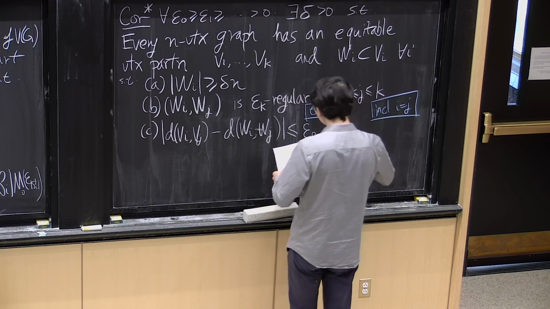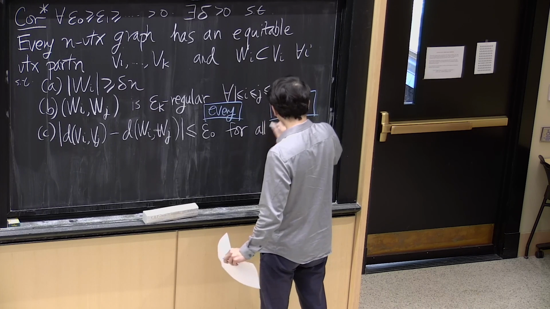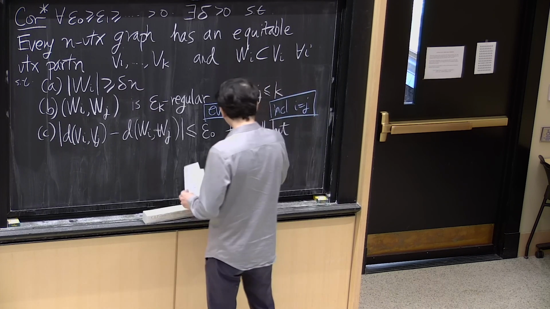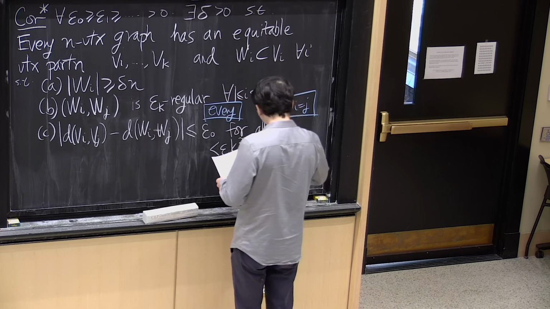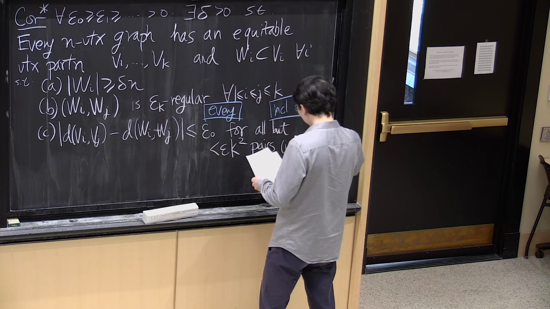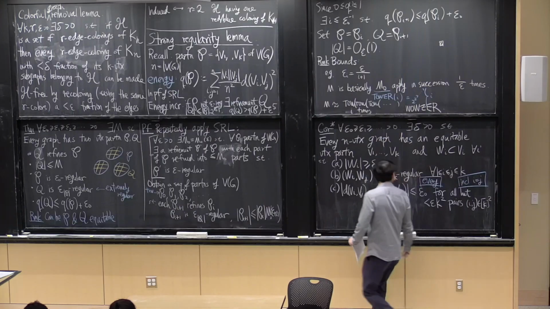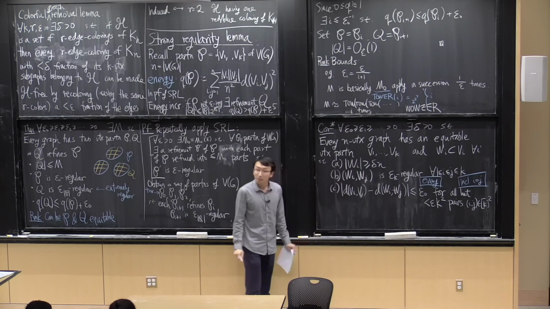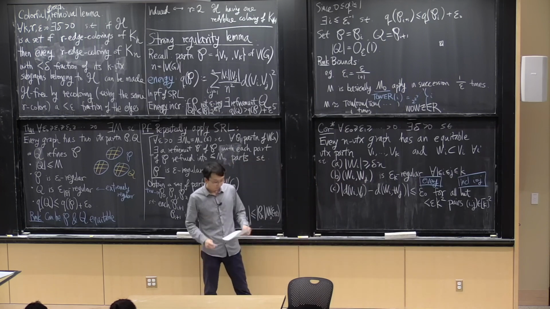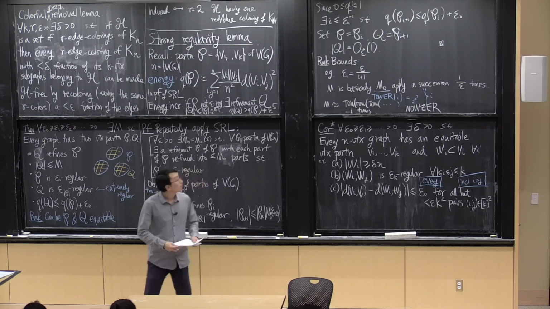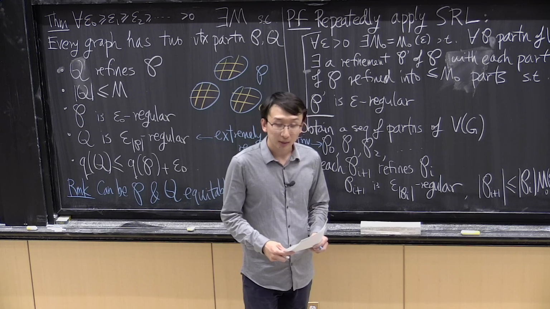And here it is for most pairs, but at most epsilon_0 k squared pairs. Any questions about the statement?